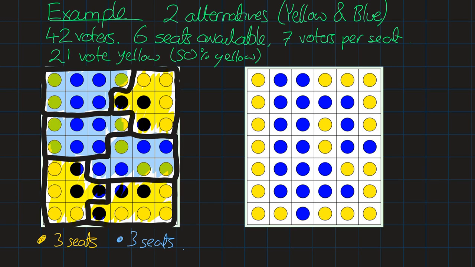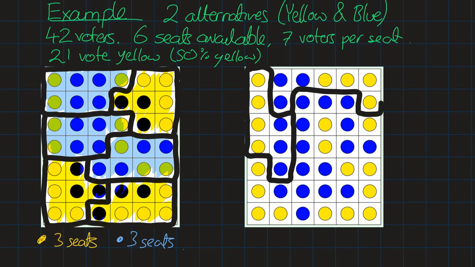But if I was a yellow politician and I wanted to gerrymander this to make it so that yellow does better, I could do the following. I could do something like this. And this.